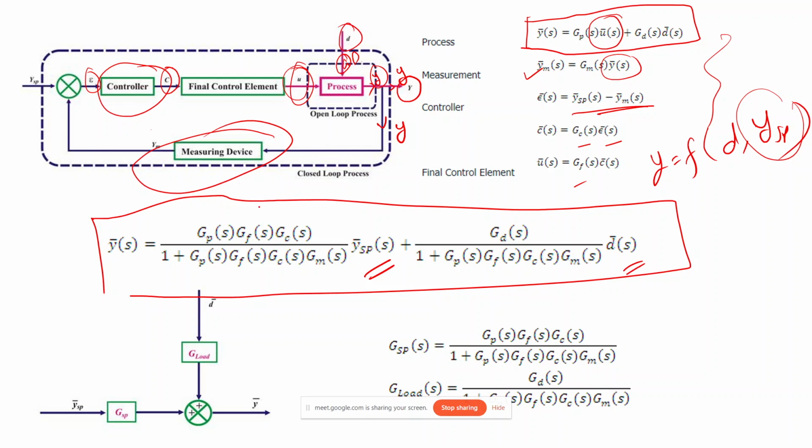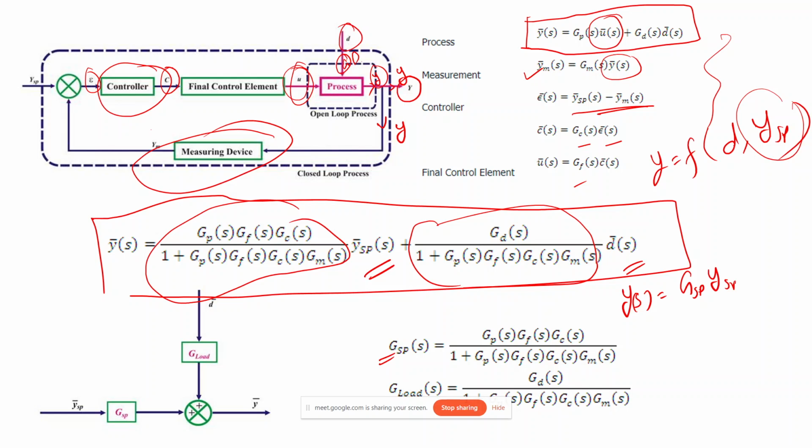If I simplify the first term, I can simply write it as GSP, the transfer function corresponding to the set point. The second bracket we can call G load, or G disturbance, the transfer function relating the disturbance to the output. So we can simplify this as Y(S) is equal to GSP into YSP plus G disturbance into disturbance. So we are getting the output equation.